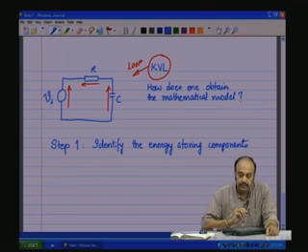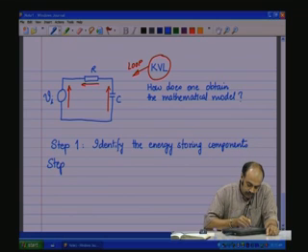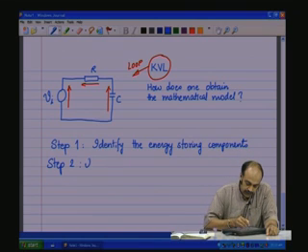After having identified the energy storing components, in this case for this circuit there is only one energy storing component, which is the capacitor here. The step 2 would be to identify the state variable.